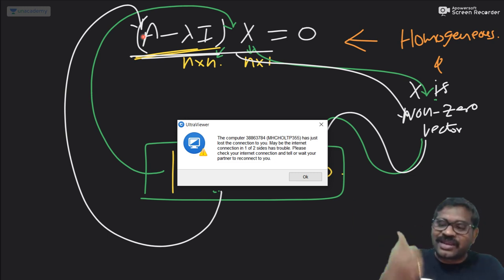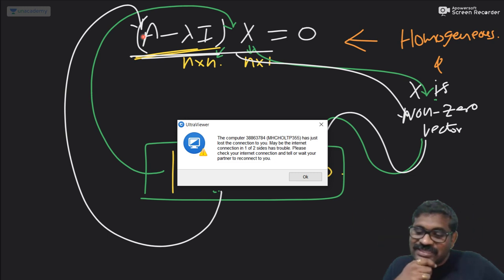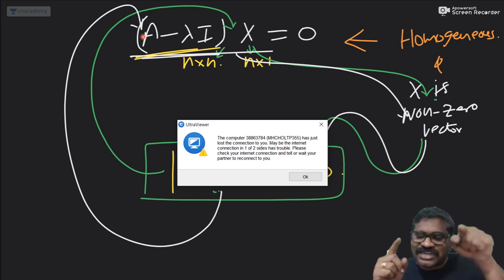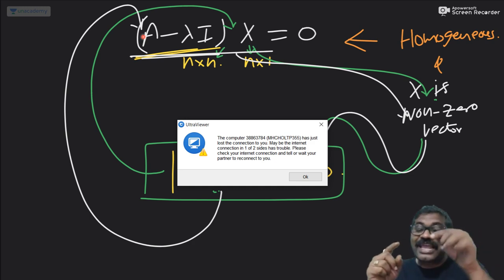Why not trivial? If the system possesses a trivial solution, it gives us the zero solution. Then all the variable values are 0, x1 is 0, x2 is 0, x3 is 0, or x, y, z are 0. So the zero vector cannot be treated as an eigenvector. The definition itself clearly says x is a non-zero vector.